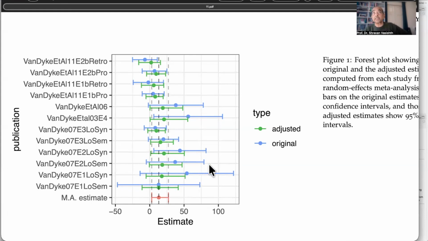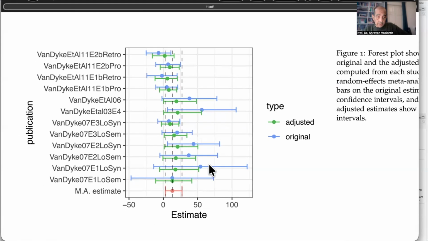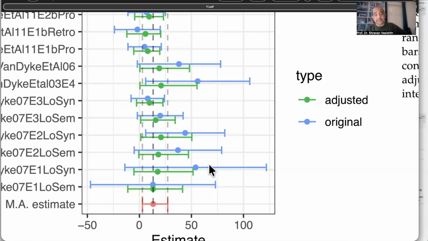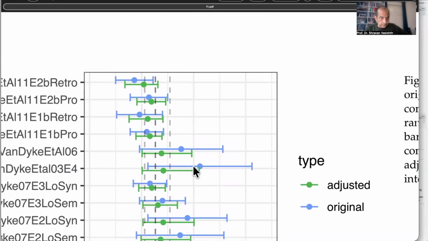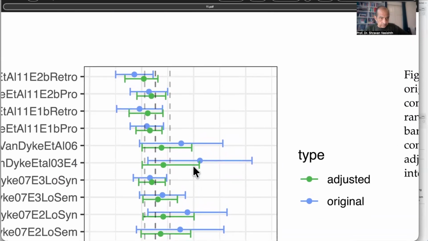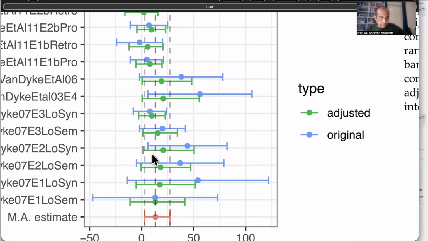And so this is interesting to see because it illustrates the whole property of shrinkage in hierarchical models, right? So let's just concentrate our mind on this.